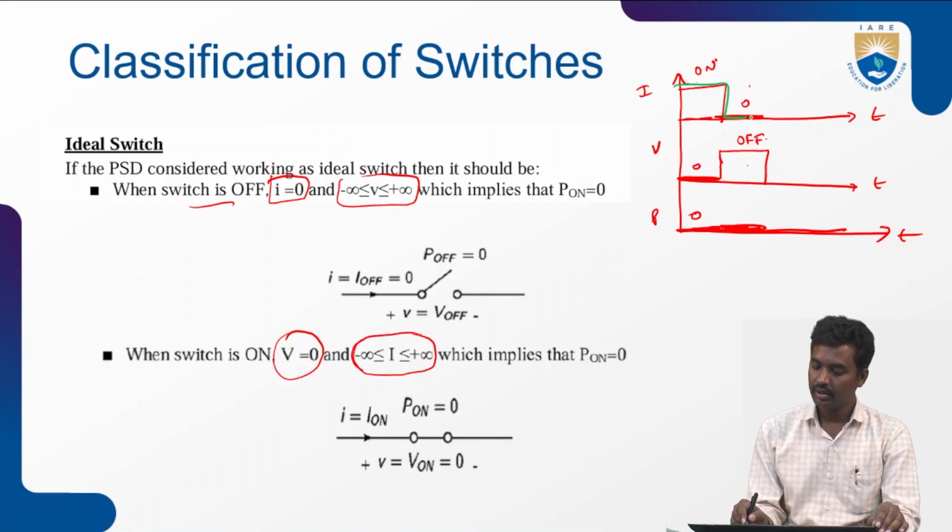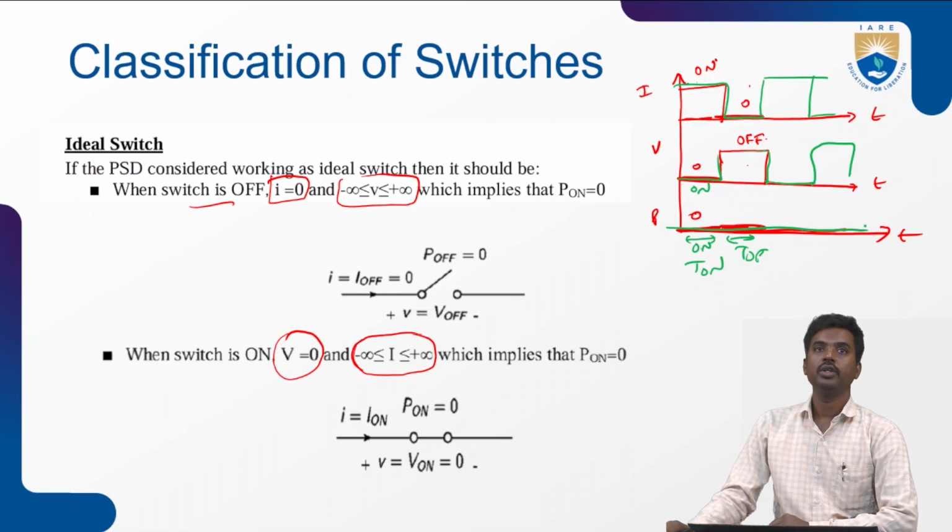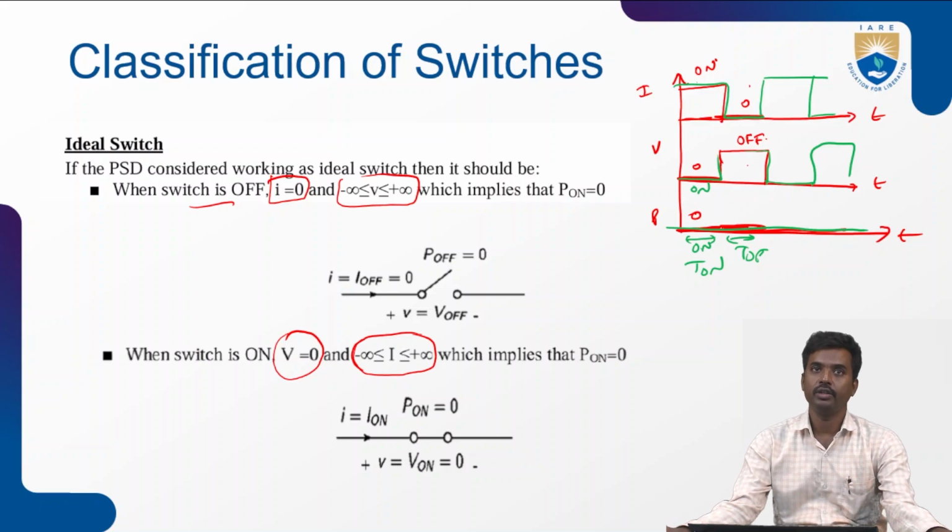This is the on condition voltage, this is the on condition power, and this is the T on and T off duration. Power is always 0 in the case of an ideal switch.